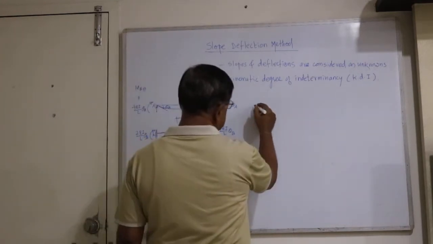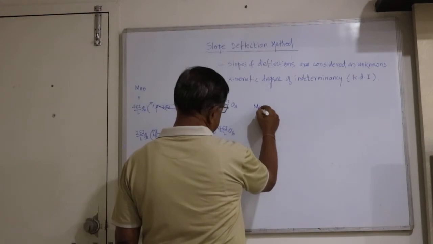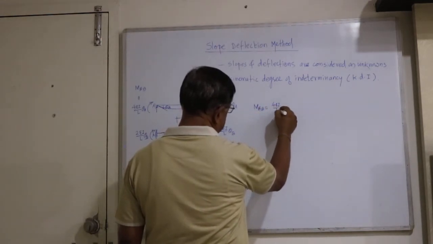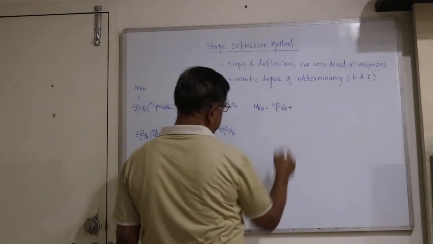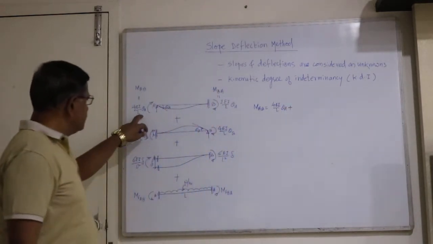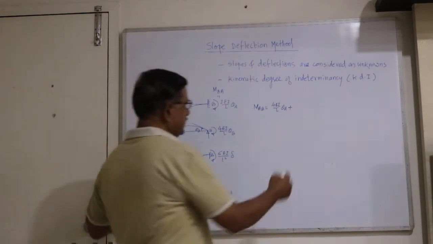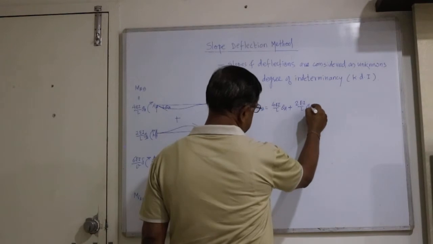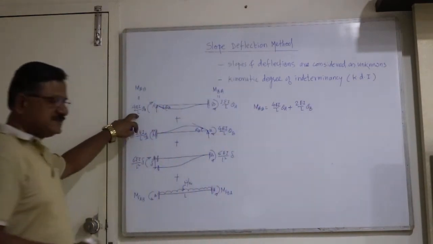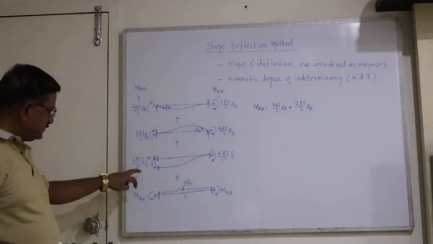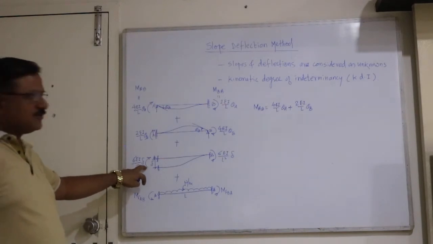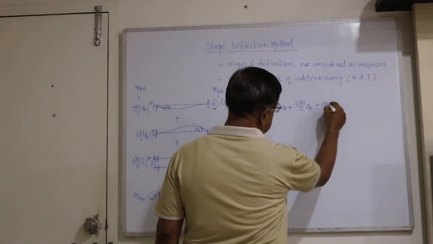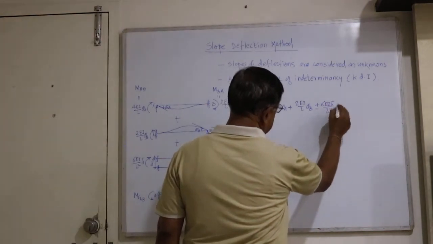And the sign convention that we are going to follow is clockwise positive, anti-clockwise negative. So that means MAB is equal to 4 EI upon L theta A plus 2 EI upon L theta B, plus or minus 6 EI delta upon L square.